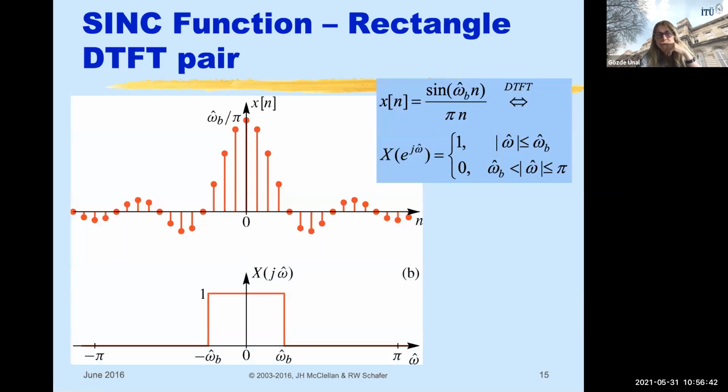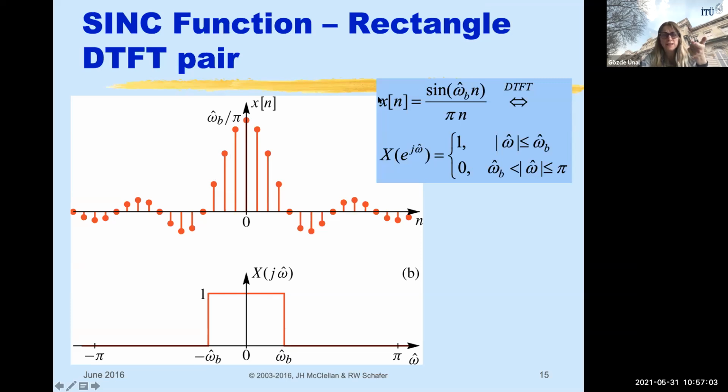Now again the sinc and this rectangular pair: a sinc in time domain, and the rectangle, or low pass filter, in the frequency domain. We know this pair. I think we derived this already in the first hour.